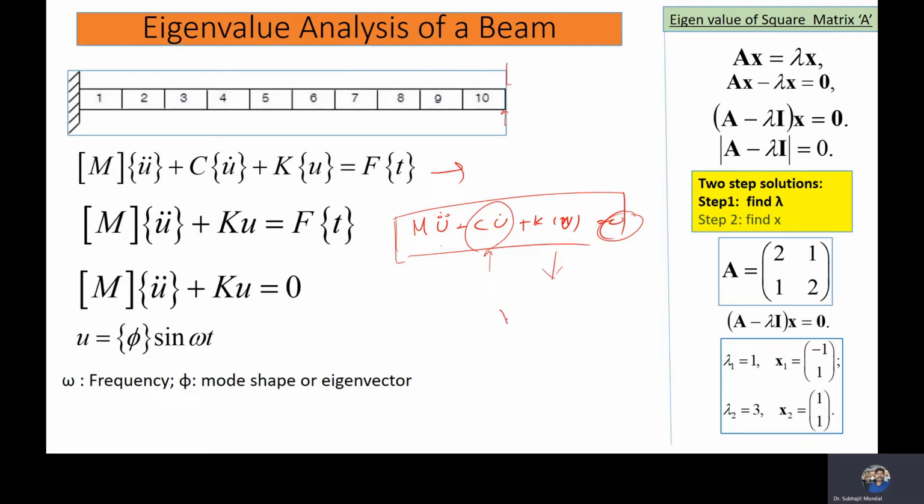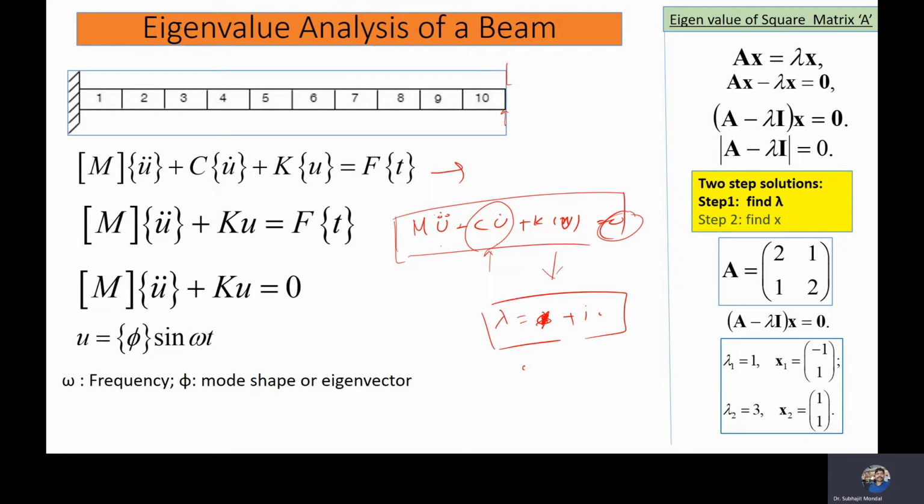That means the eigenvalue will correspond to a complex-valued function. Lambda will not be a real value; it will be some value plus i times some value. So the eigenvalue will be a complex number, and the eigenvector also will be complex.